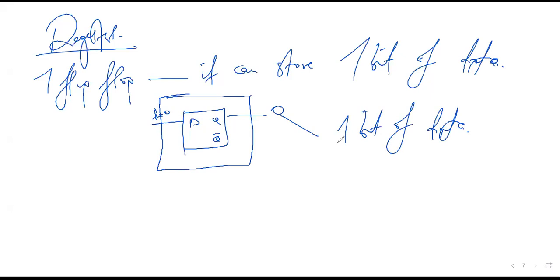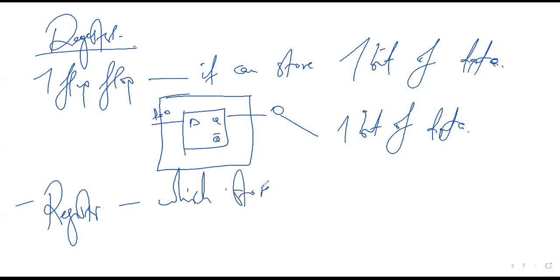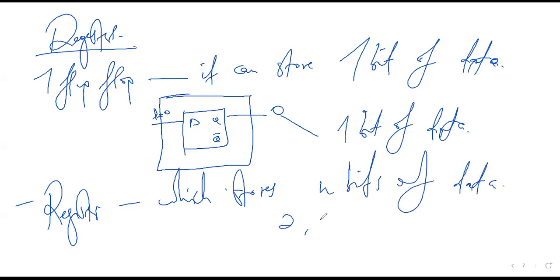But what happens if I want to store more than 1 bit of data? If I want to store more than 1 bit of data, I now have what I call a register, which stores n bits of data. N can be 2, 3, 4, etc.